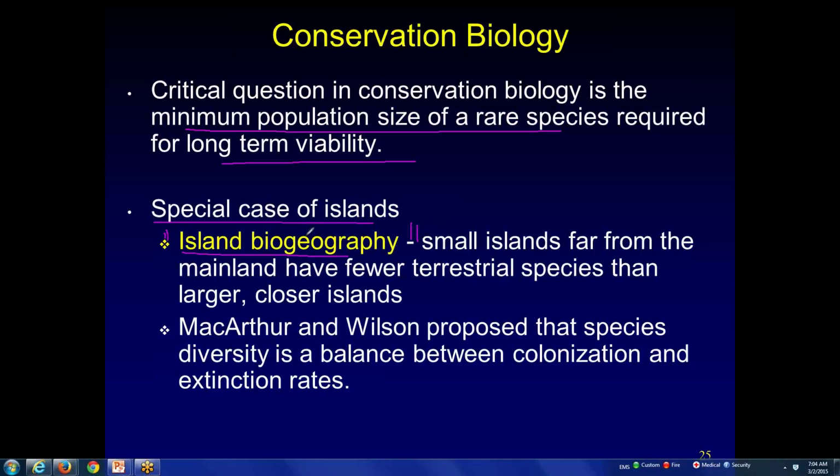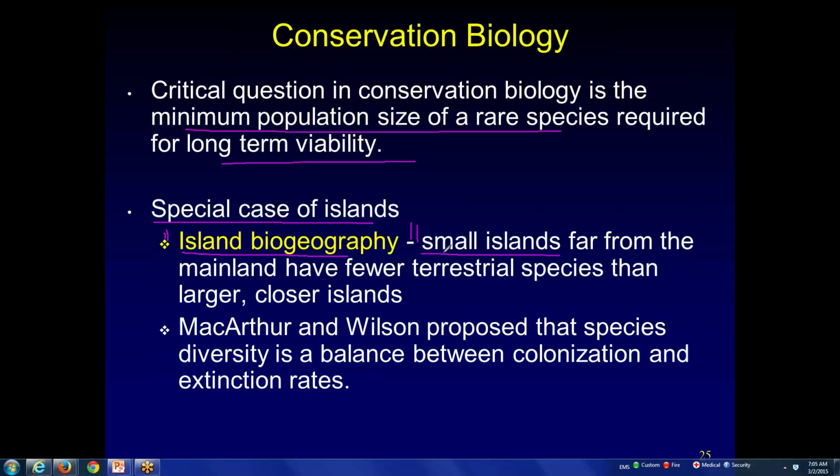So if your goal is to maintain a minimum population size of a rare species, if your goal is to maintain biodiversity, you tend to see the world as small islands. And what I mean by small islands is small islands of habitat. They could be actual islands, or they could be patches of woods, for example.